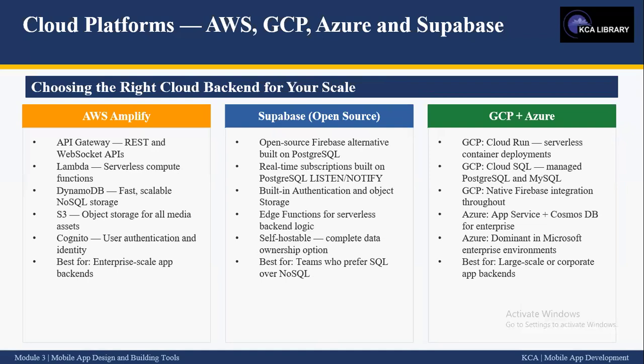Supabase provides an open-source alternative with a relational database approach. Google Cloud Platform and Microsoft Azure offer additional enterprise-grade solutions with strong integration capabilities. Selecting the right cloud platform depends on project scale, team expertise, and specific technical requirements.